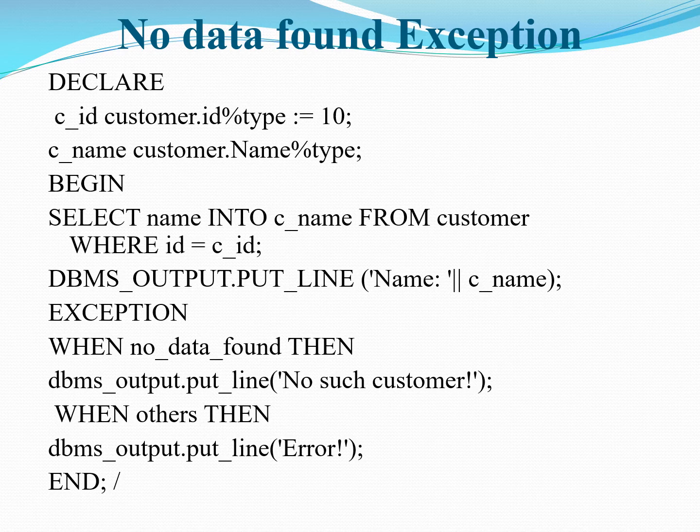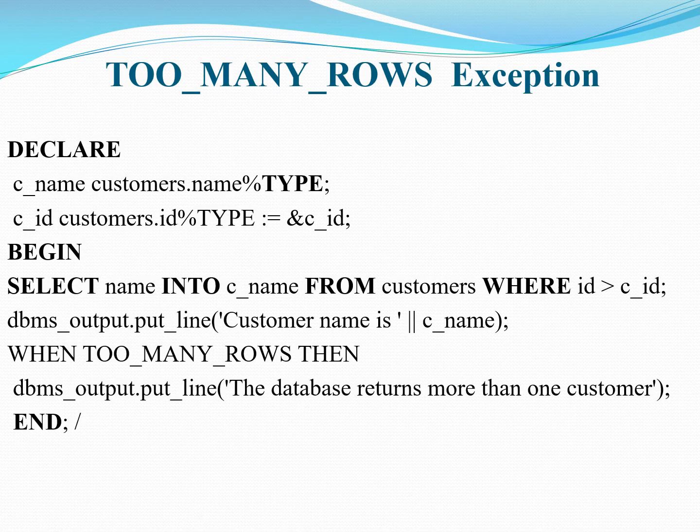There is one more exception: when others, then dbms_output.put_line 'Error'. This will be raised when there is some unnamed exception in our program. So it shows how we can use the exception handling mechanism in our program. This is a simple example which shows how the too many rows exception is caught in a program, right?